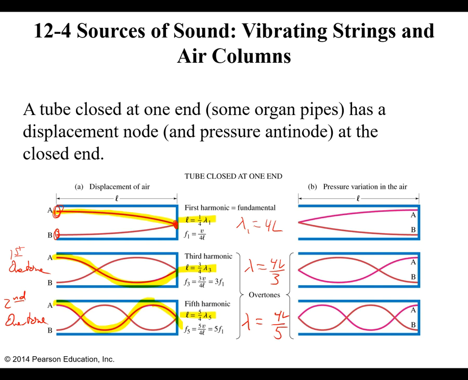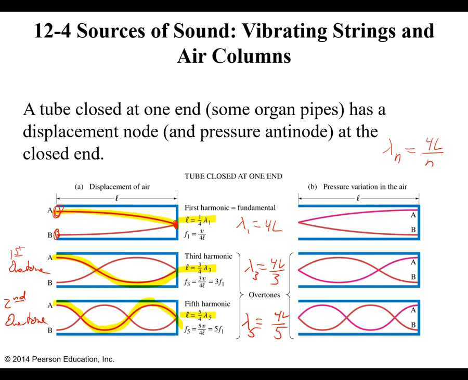So if we follow the same pattern that we did before, you see 4L over 1, 4L over 3, 4L over 5. So that 3 and that 5, those are the numbers that we're going to go by. We're going to call those lambda 3, lambda 5. And it turns out then that the wavelength of the nth harmonic will be 4L over n.